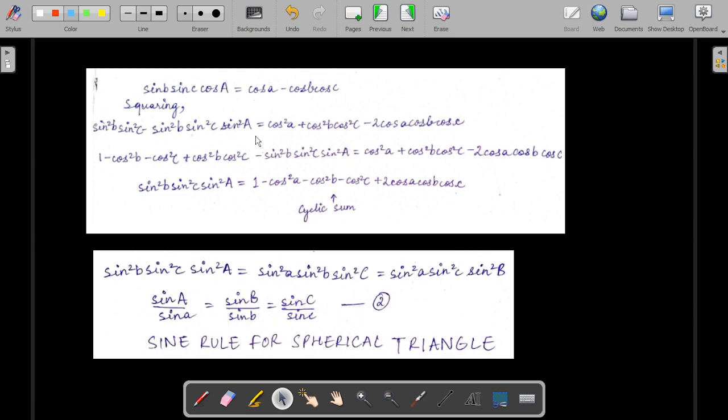Now when you square it, you get this. I'm not gonna read that, of course.